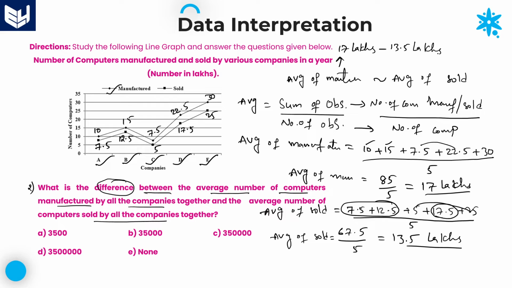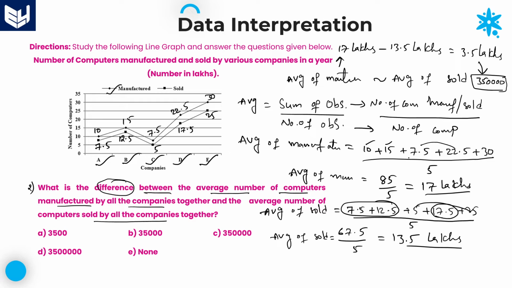The required difference is equal to 3.5 lakhs. 3.5 lakhs is nothing but 3,50,000. That is the required difference between the average number of computers which are manufactured and the average number of computers which are sold.